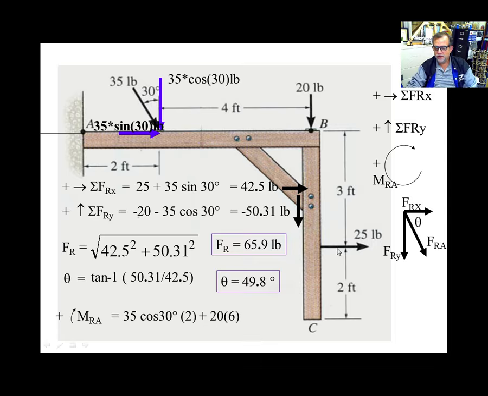And last but not least, you have this one here, which is a horizontal force, so a vertical distance. The vertical distance between this force and the point is this one, which is 3. So the force is 25 times 3.